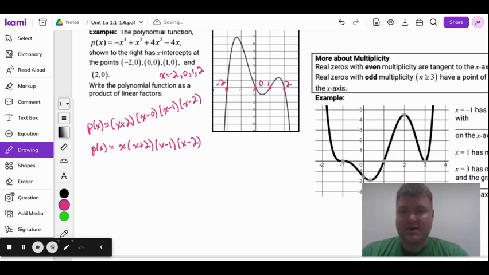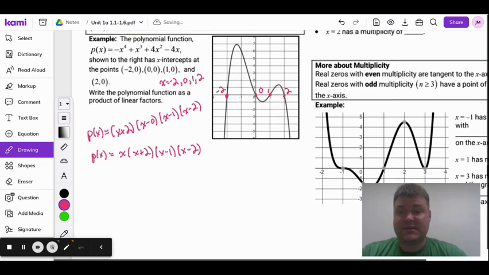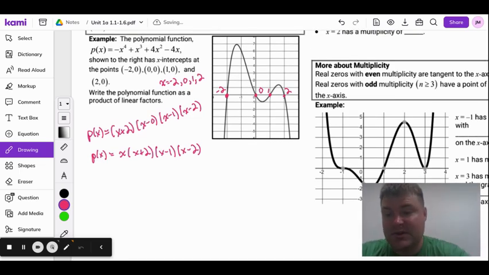So now, what's my degree? Let's do a couple of checks. This is degree 4, so D equals 4. If I count up all my linear factors, I should have 4 linear factors because those are 4 single powers. My leading coefficient is negative, so my a is equal to negative 1 in this case.